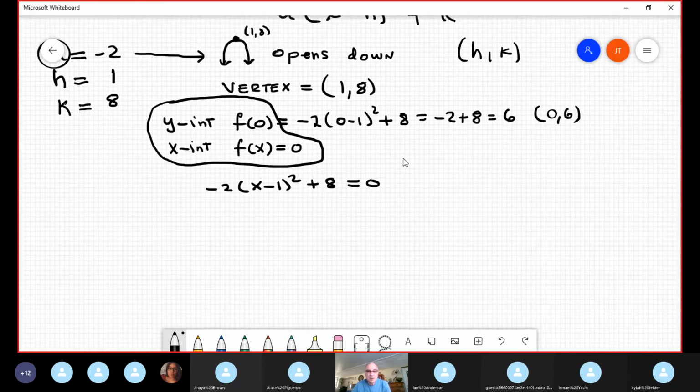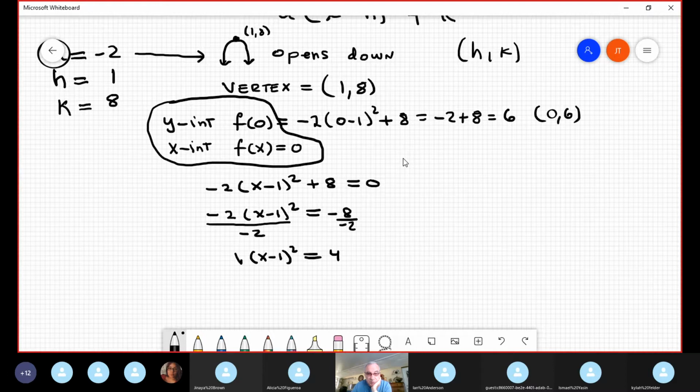I move the 8. In this case, I could use factorization, but it's better doing it by square root. So I copy negative 2 times (x minus 1) squared equals negative 8, because I move it to the right-hand side as minus 8, divided by negative 2 on both sides. I have (x minus 1) squared equals 4. Apply the square root to both sides. x minus 1, without the square and square root, which cancel, is equal to the square root of 4, which gives plus or minus 2.